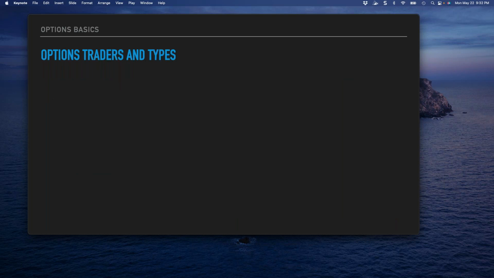Now, it might sound simplistic to say that for every option buyer, there's also a seller. Keep in mind, though, that because of the different types of options that can be used, buyers and sellers fill different roles. And it's important, no matter what your option strategy is, to be familiar with the roles that buyers and sellers each take.